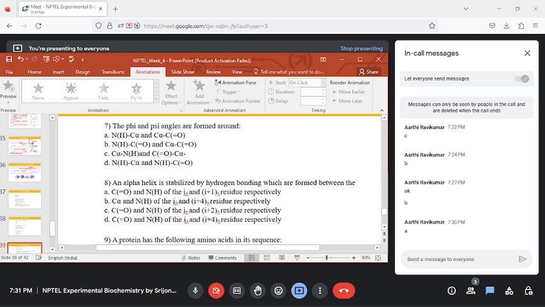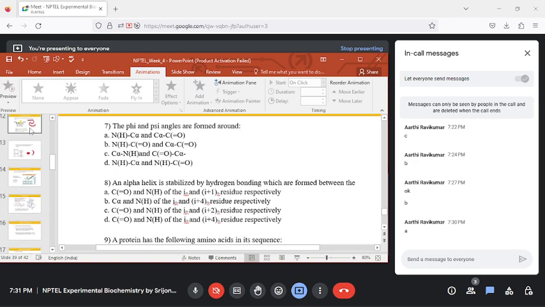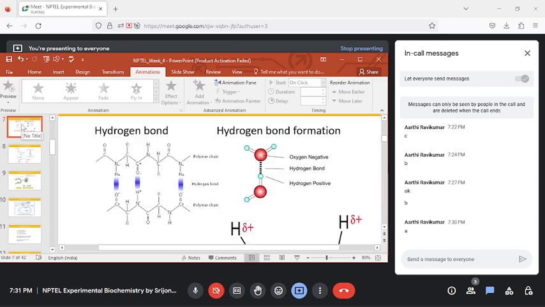Check if we have a structure of something. So this phi and the psi angles are actually because of your.